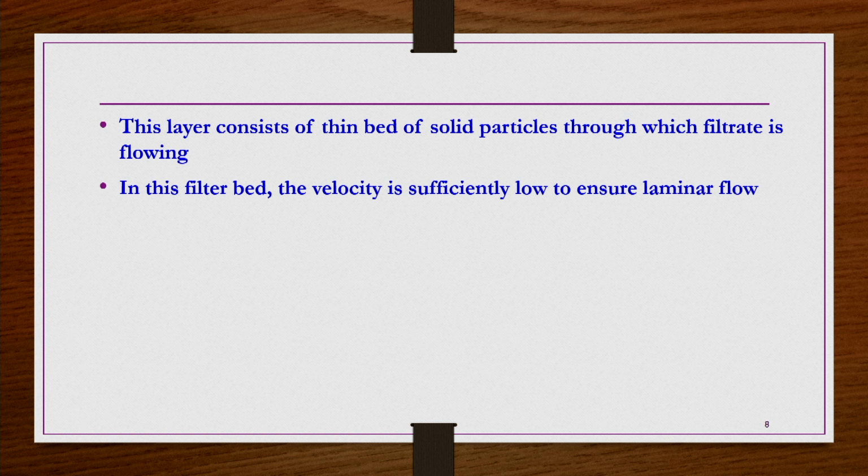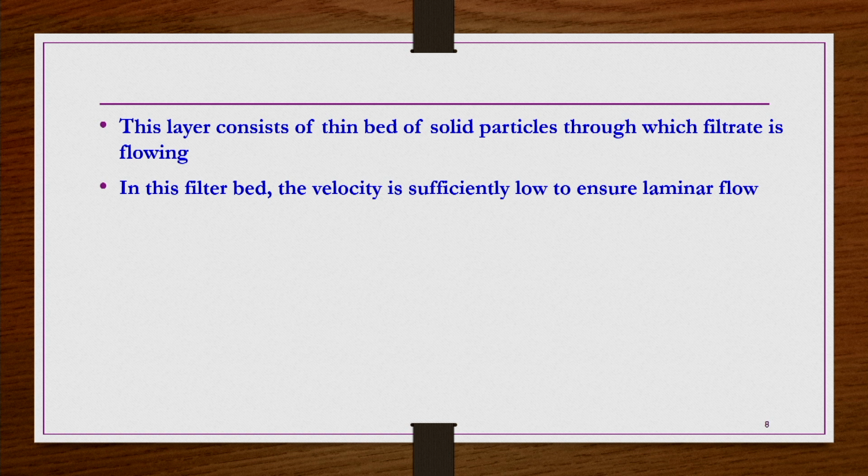The same we can apply here for this layer of cake, for which the velocity is sufficiently low that we can ensure laminar flow conditions exist for this layer of particles.